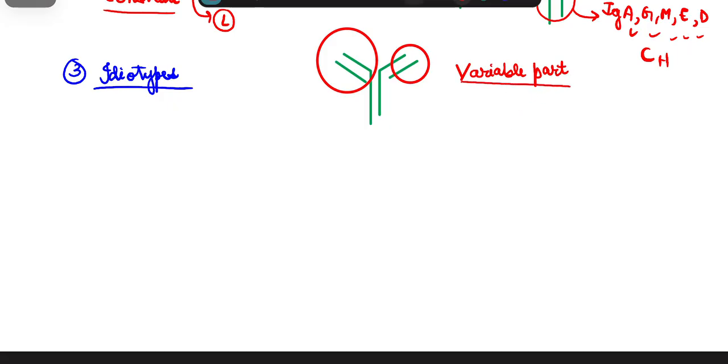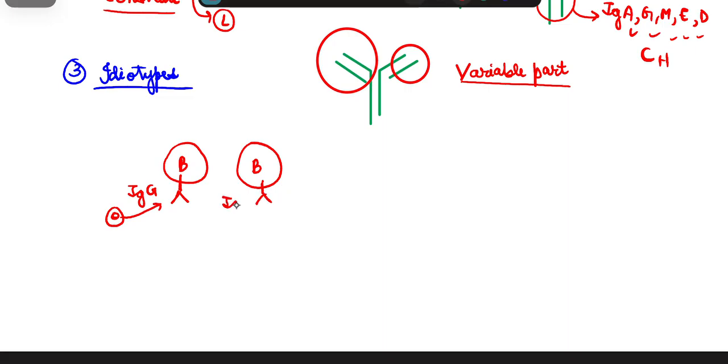We have learnt in theory about clonal selection. Clonal selection simply says that in a group of different B cells, a particular antigen will come, and the B cell exposed to that particular antigen will make a kind of IgG, and this one will also make a kind of IgG.